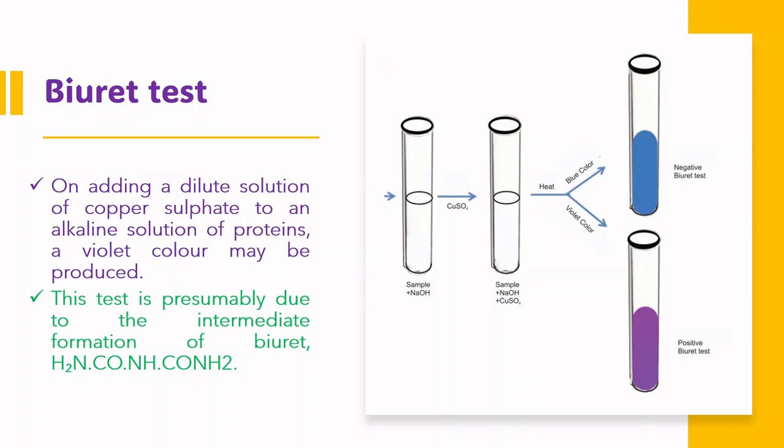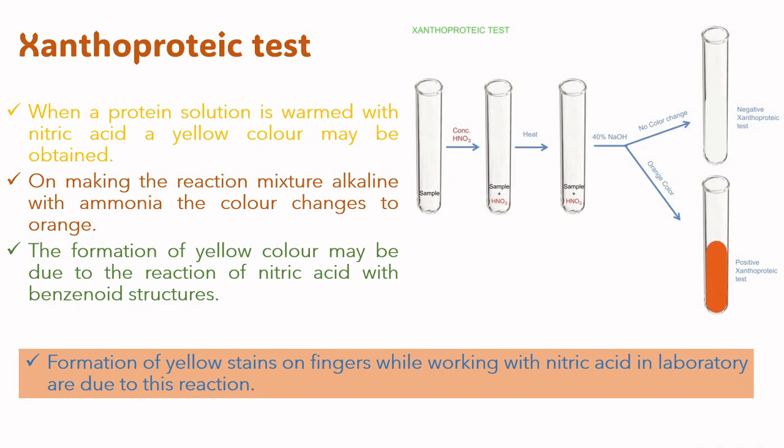The second color reaction is xanthoproteic test. Most of you might have observed formation of yellow stains on fingers while working with nitric acid, and that yellow color is due to the reaction of nitric acid with the protein present on our skin surface. When the nitric acid reacts with the proteins on the skin, it forms an orange colored acid called xanthoproteic acid.